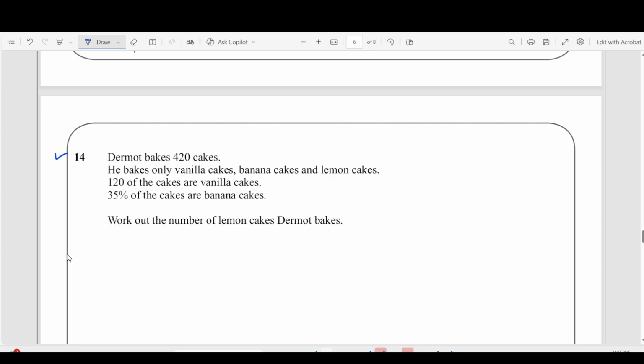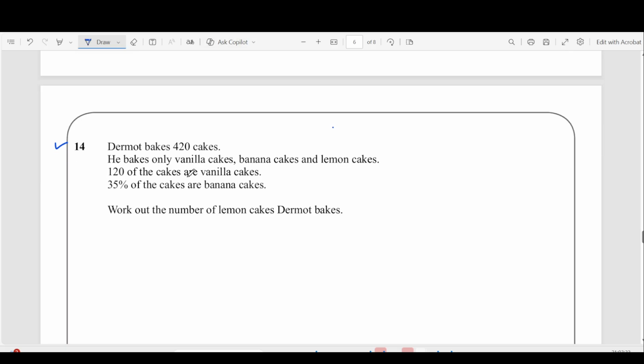Dermot bakes 420 cakes. He bakes only vanilla cakes, banana cakes, and lemon cakes. 100 of the cakes are vanilla, 35% of the cakes are banana cakes. Work out the number of lemon cakes Dermot bakes. Did you get the question? Okay, try it.